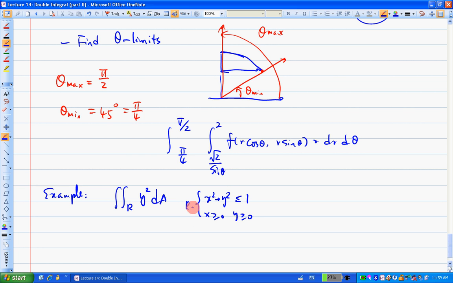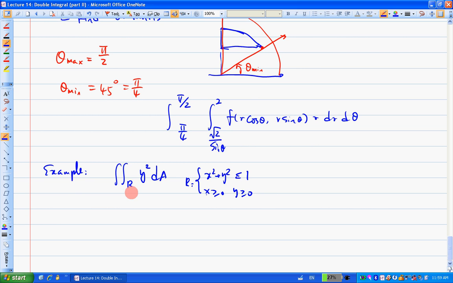So here's that particular one. Let's try to solve this guy here. First step, you have the sketch already, so it's a quarter circle.